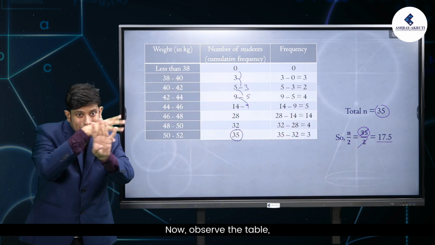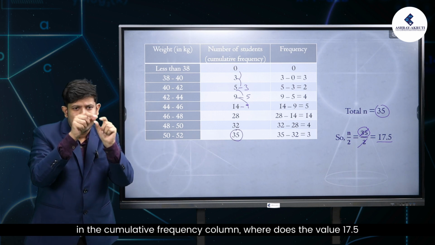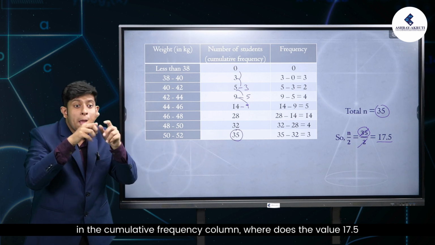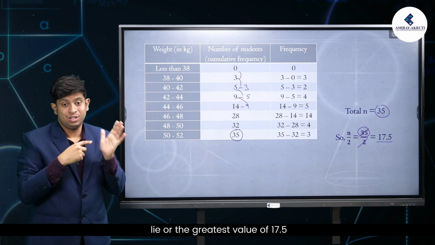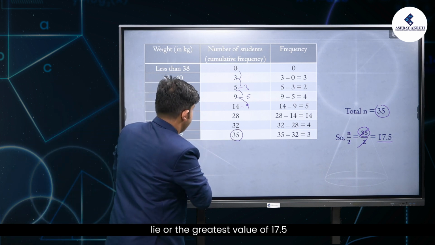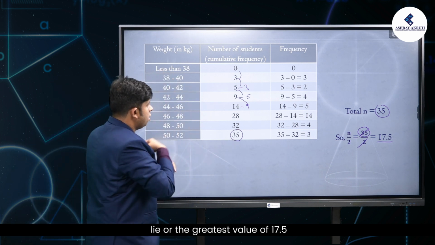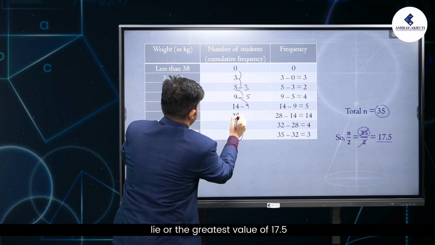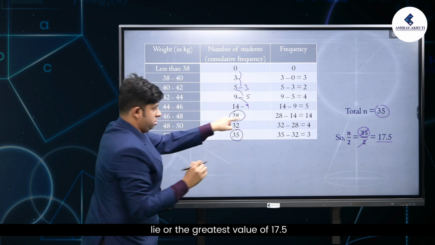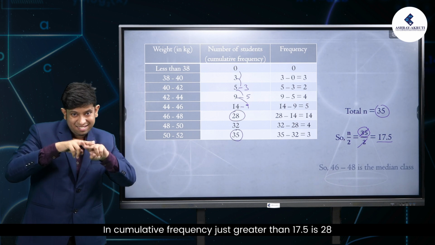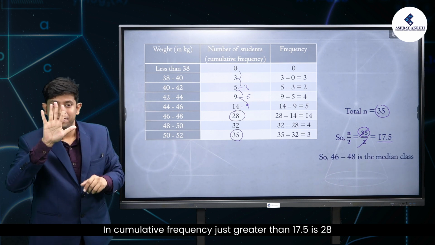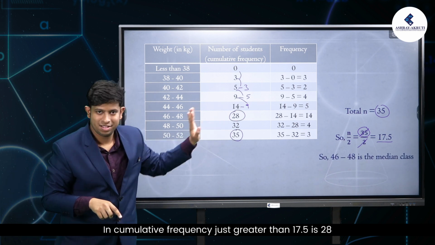Now observe the table. In the cumulative frequency column, where does the value 17.5 lie, or the greatest value of 17.5? In cumulative frequency, just greater than 17.5 is 28.